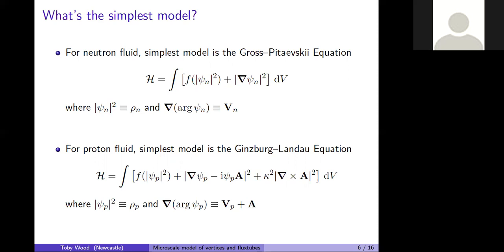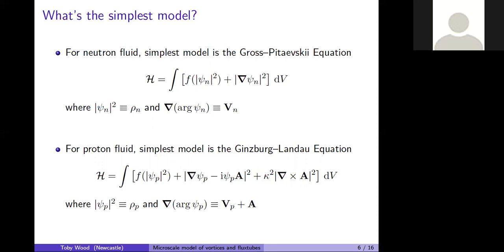And we have to slightly modify the definition of superfluid velocity for the protons. So the gradient of the phase is really the canonical momentum, which is kind of the sum of the superfluid velocity and the vector potential. Of course, it's the circulation of this quantity which is quantized, which is why the proton vortices are called fluxtubes, because they basically carry a quantum of magnetic flux.